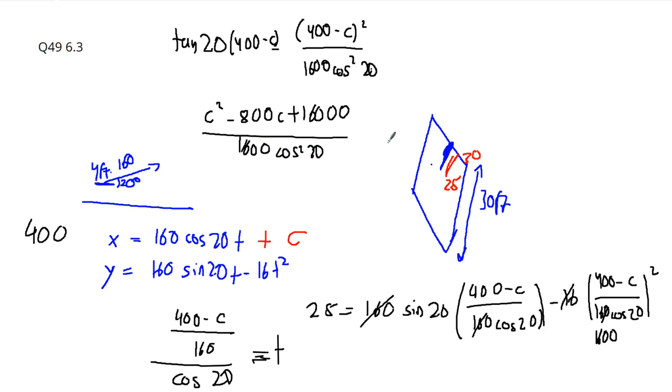And then we add this to the, wait, where did the plus come from? It's supposed to be minus. And then we add it all to this. So I'll add the 1600 cosine 20 down here as well.